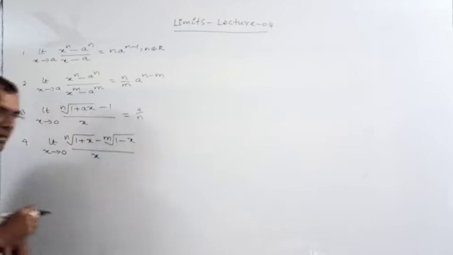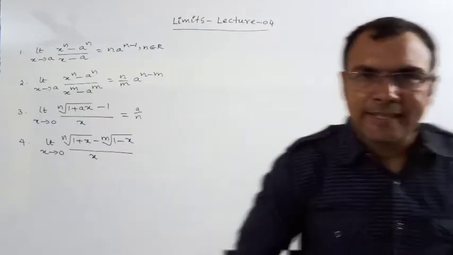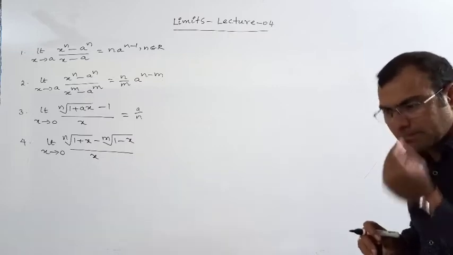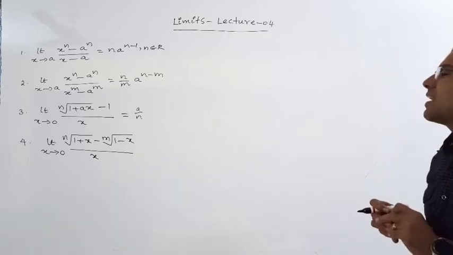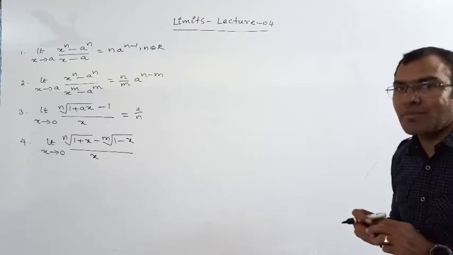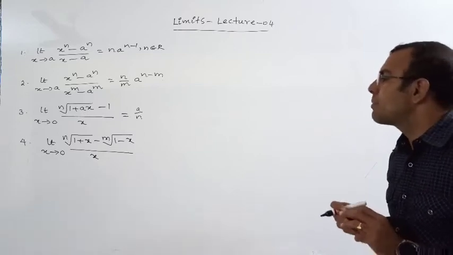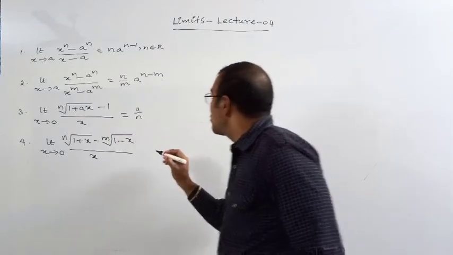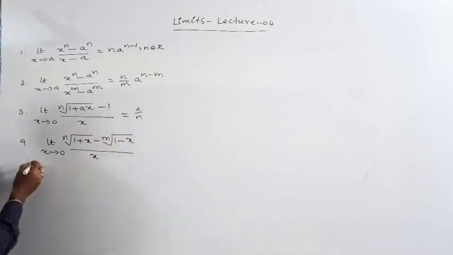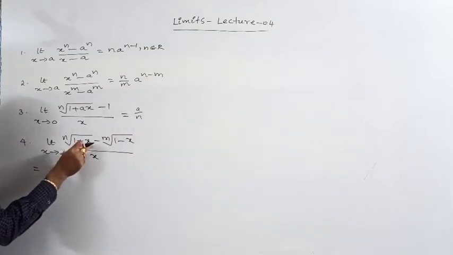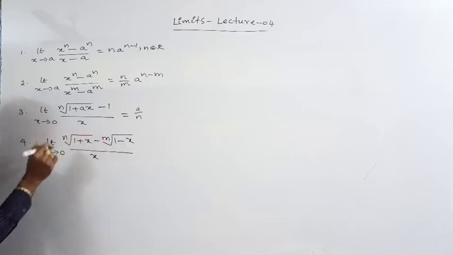Be careful, this is an important thing. Limit x tends to 0, nth root of (1 plus x) minus nth root of (1 minus x), by x. What I will do is this: here I will subtract 1 and add 1.